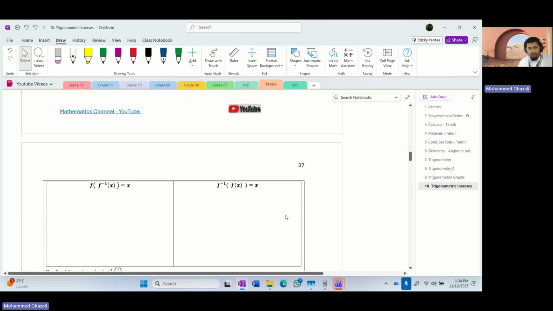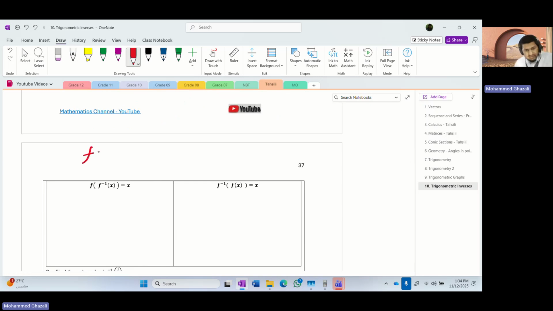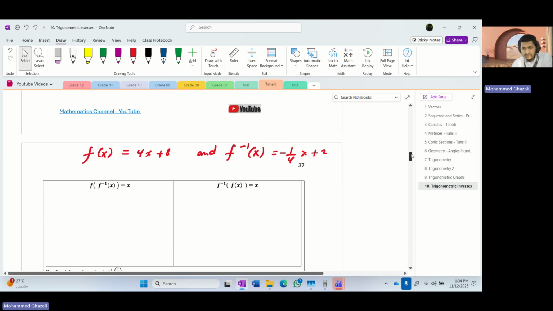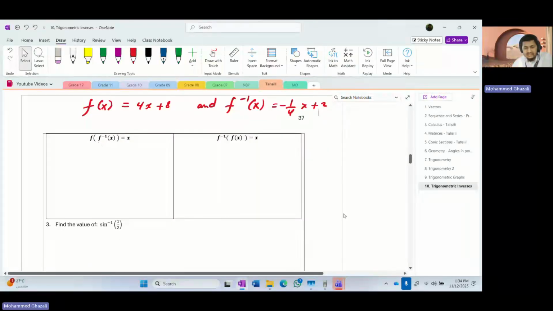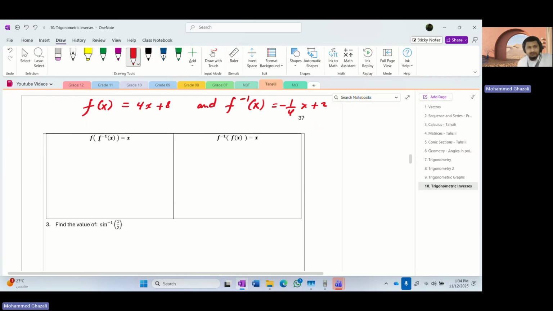Now, let's prove that. So remember, I've got f function is negative 4x plus 8, and my f inverse function is negative quarter x plus 2. Let's check if that works. Now, let's prove these results and check if it actually works.